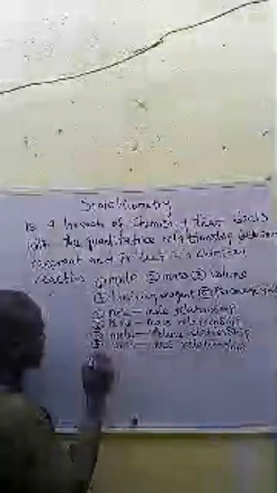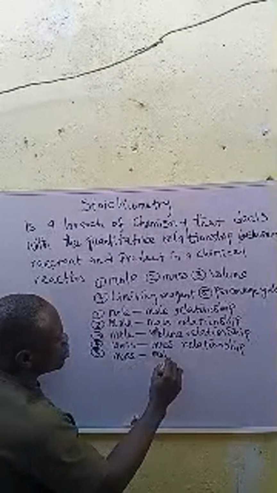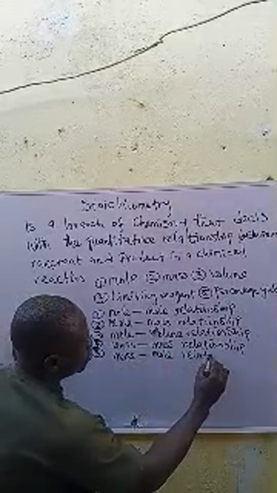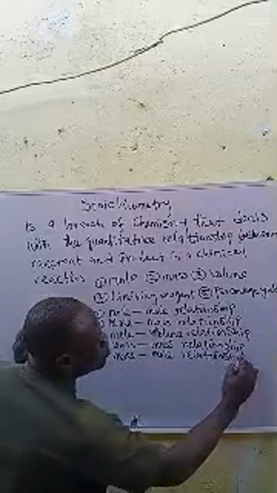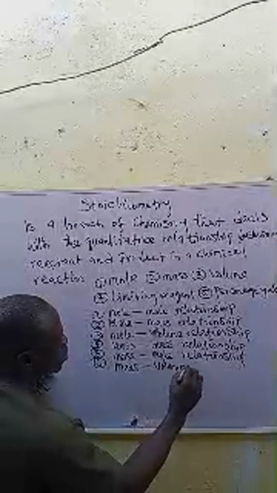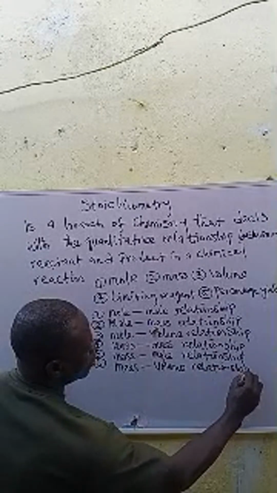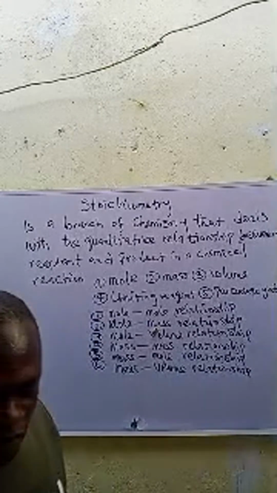We call it mass mole relationship. If you don't understand these relationships, you can never know how to calculate them. Mass has a relationship with volume, which is number 6, mass volume relationship.